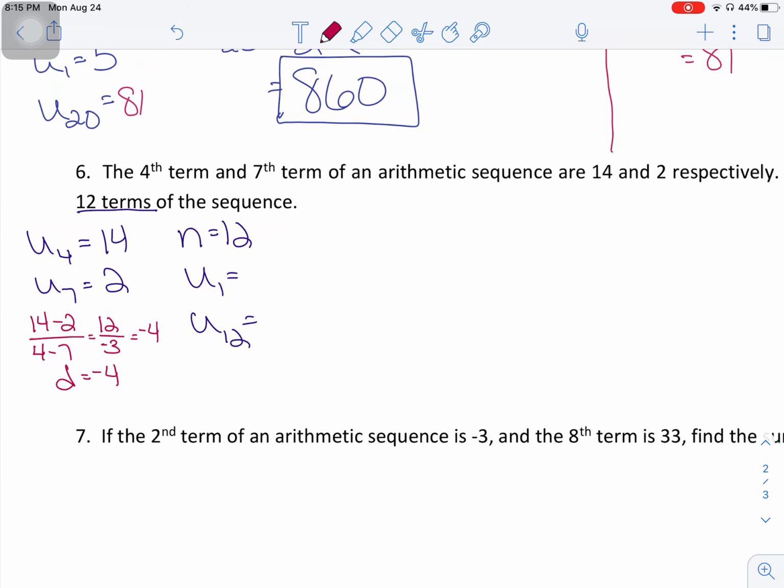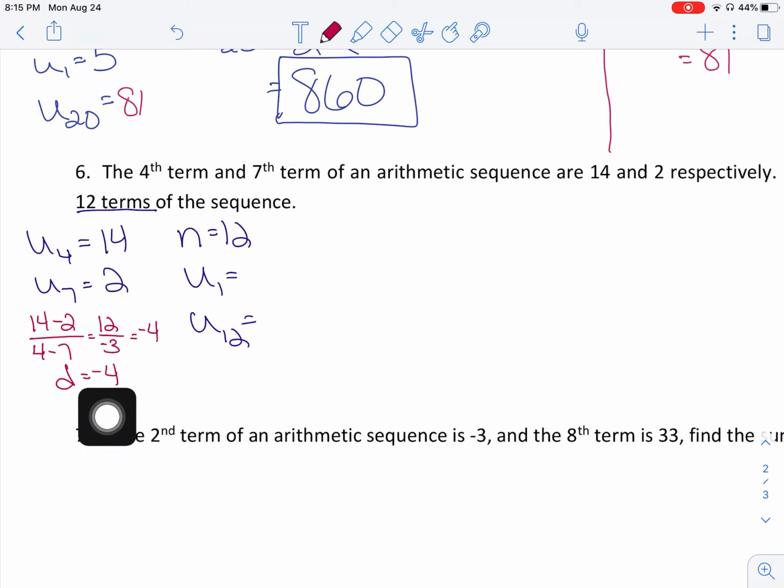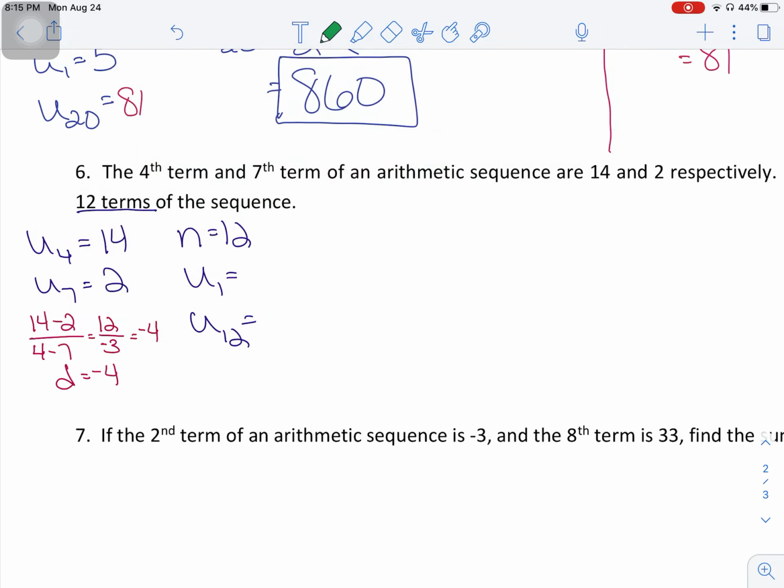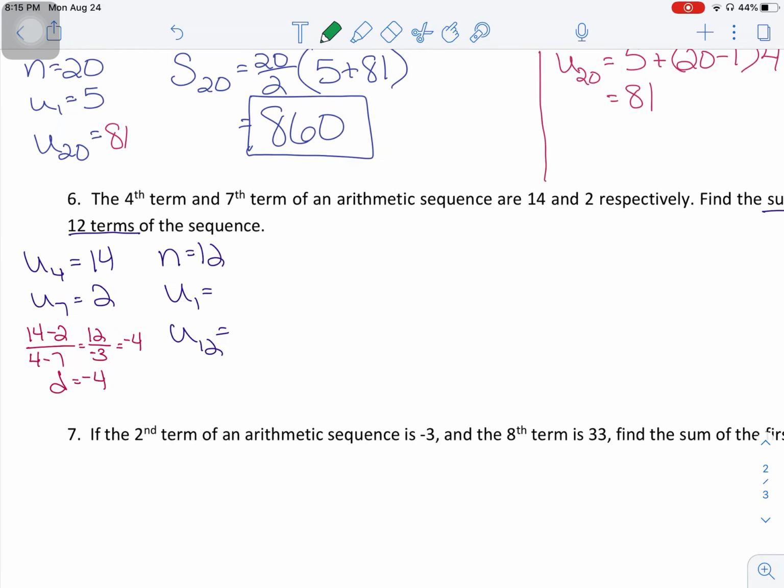So now that I know my common d value, I'm going to use it along with u sub 4 to figure out what u sub 1 is. If I know my fourth term is 14, I do not know my first term, but I know from my first term to my fourth term, that's an equal sign there, plus.